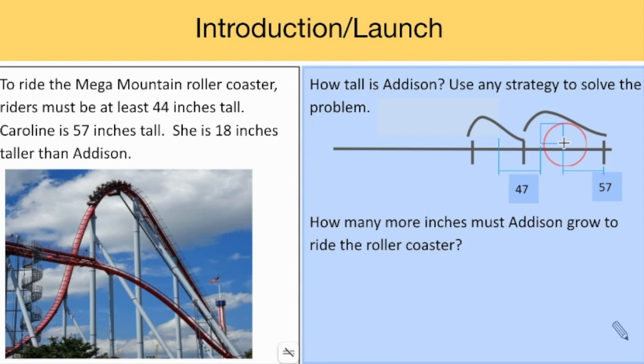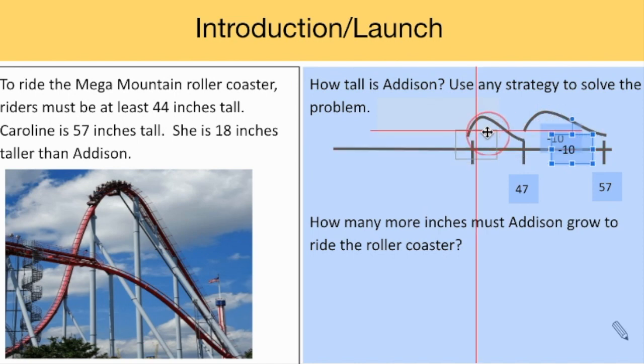Okay, this one was a jump of 10, so I'm going to write take away 10. And this one was a jump of 5. I'm going to write take away 5. How much is 47 take away 5? Well, I know that that is 42.